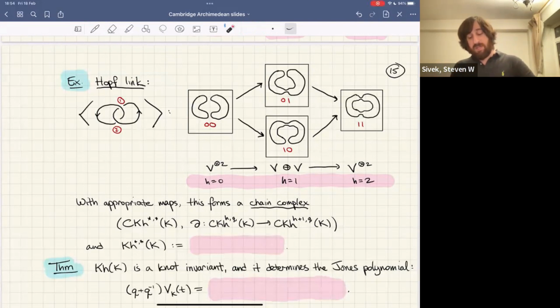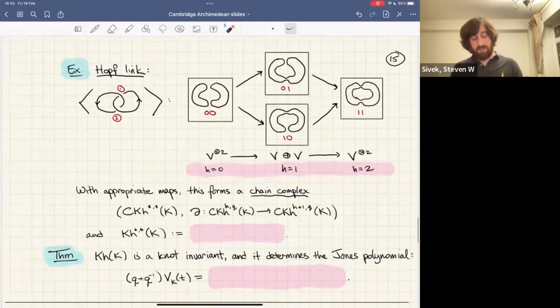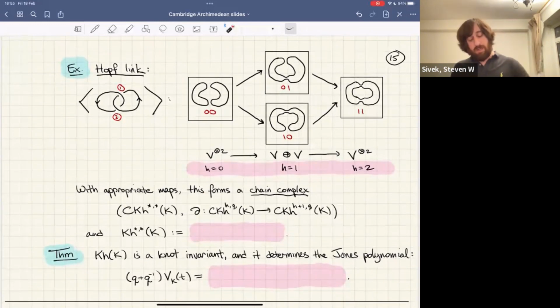And we group all these things together. So we've got the H grading from the horizontal position in the diagram. We've got the Q grading because V was supposed to be a Q graded rank 2 module or vector space. And if we choose a nice collection of maps, this gives us a chain complex, which would be familiar to those of you who've seen algebraic topology.